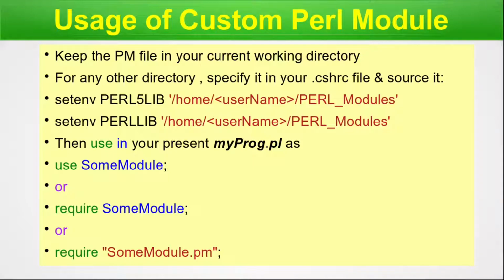So it's better you keep it in a particular area and set the environment variables accordingly, and you can reuse the code anywhere you want. This is generic, not only for object oriented Perl, but in any case where you have defined a Perl module. We are done with the slide, let's move on.